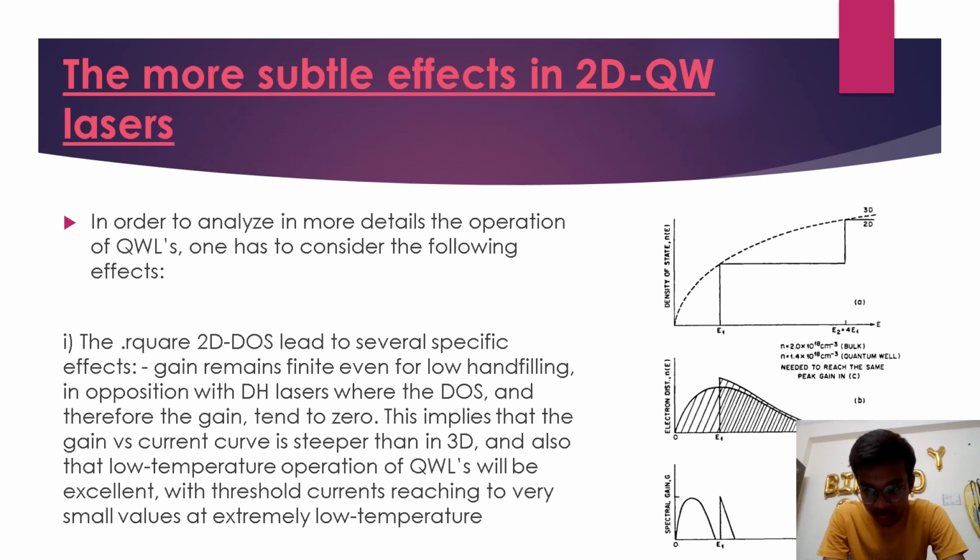Gain remains finite even for low band filling, in opposition with DH lasers where the DOS and therefore the gain tends to zero. This implies that the gain versus current curve is steeper than in 3D, and also that low temperature operation of QWs will be excellent, with threshold current reaching very small values at extremely low temperature.